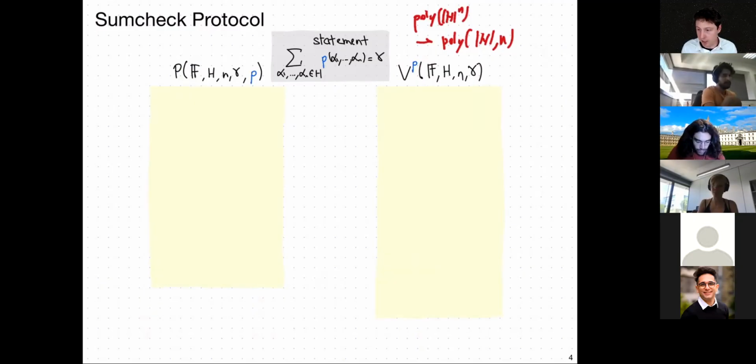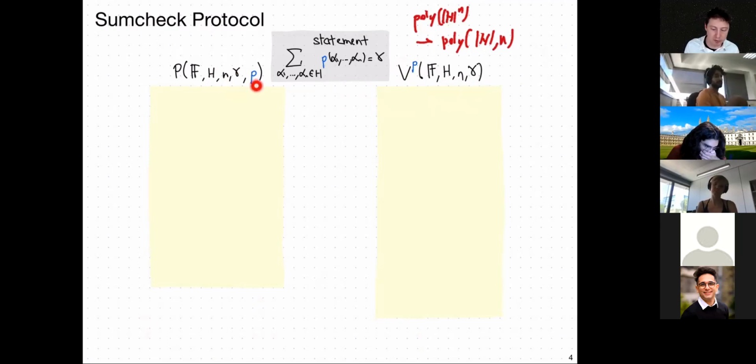The verifier also knows the same field. Both are given as input the h that we're talking about, the number of dimensions, and the claimed sum, and the verifier will have, for now, oracle access to the polynomial. In some sense, it will barely have to touch the polynomial that we're summing. The verifier will just make a small number of queries, in fact, it will turn out to be one query to the polynomial, in order to check this claim.